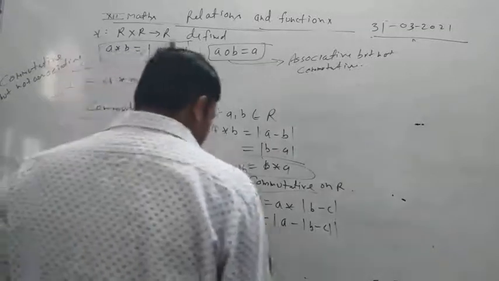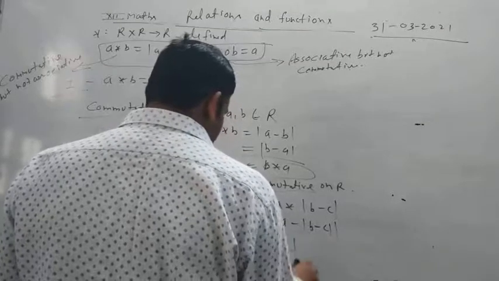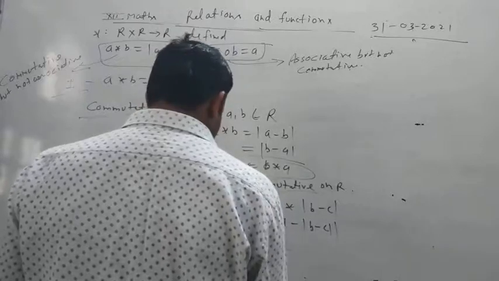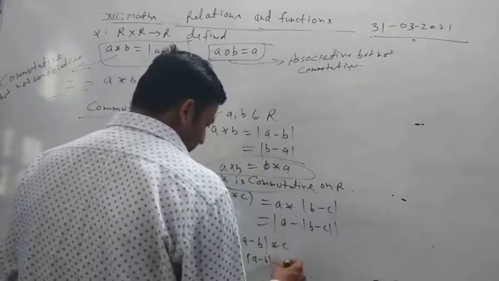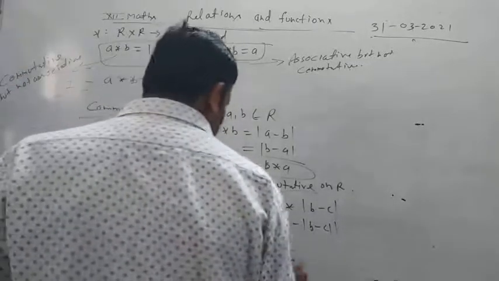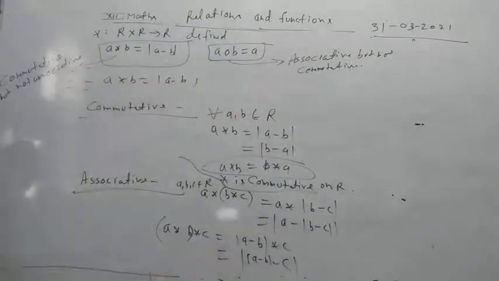So we write mod a minus b, star c, and then mod of mod a minus b, minus c.